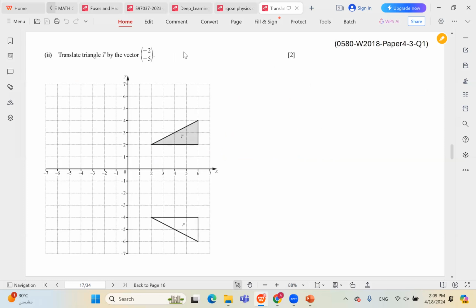Let's repeat the same process again for triangle T. So this is A, this is B, and this is C. We write down A, B, C like this. So A is 2, 2. B is 6, 2. Excuse me.